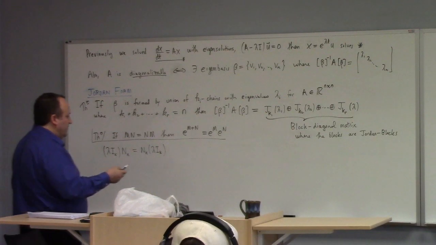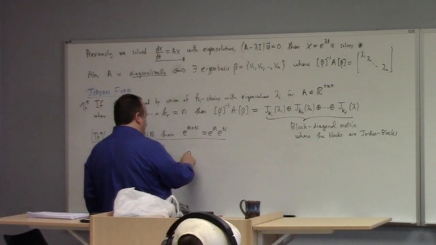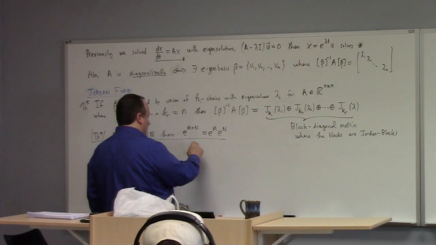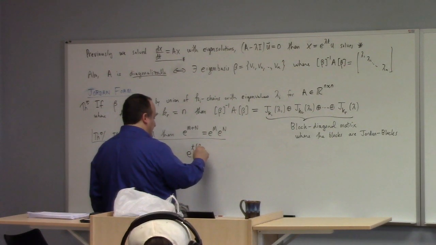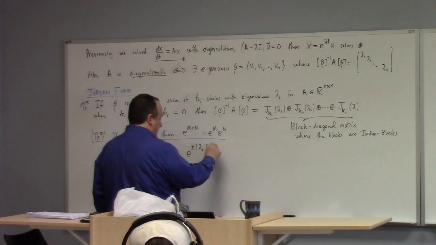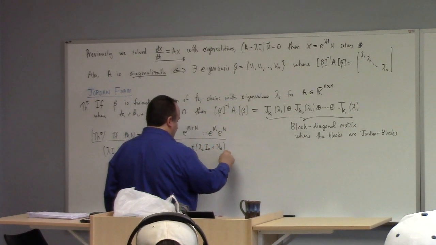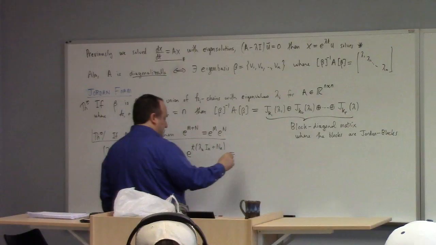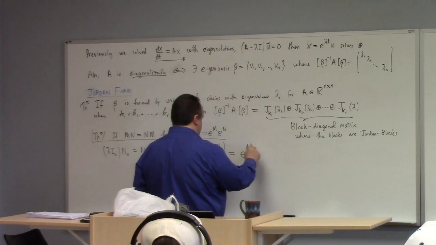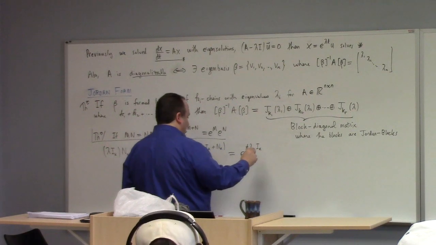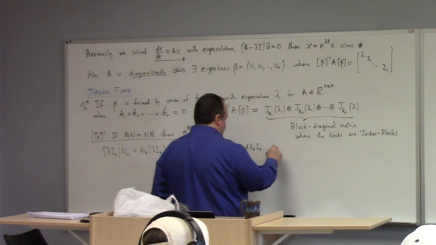Which means that I'm well within my rights if I look at e to the t times lambda k times I k plus n k. That is equal to e to the t lambda k I k times e to the t n k.